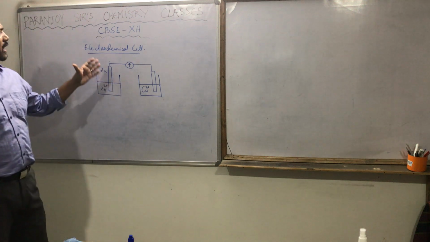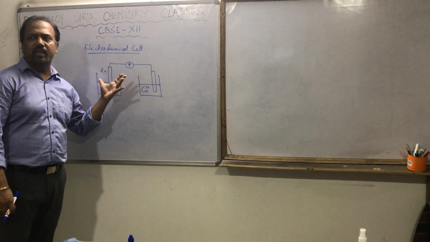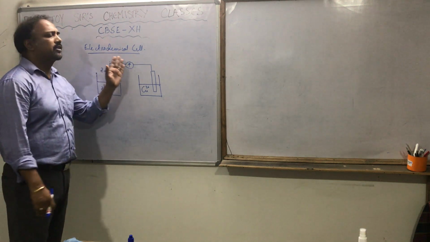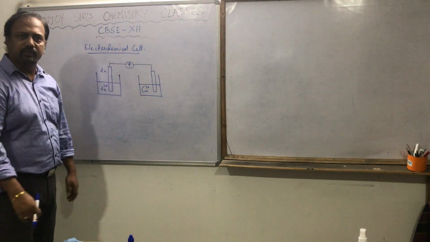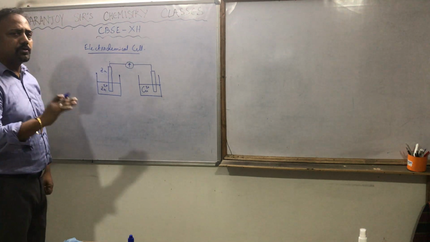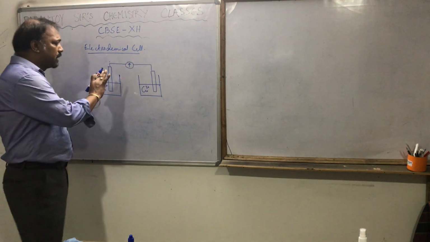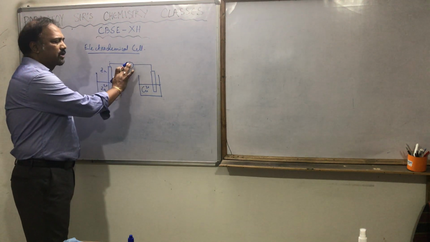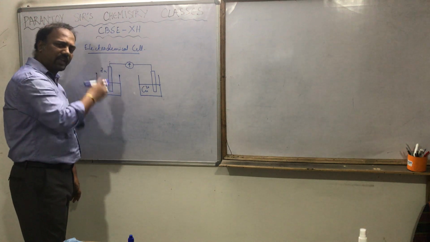If you see the diagram minutely, you will see that the circuit here is not completed. So you have to complete the circuit. Due to the incompletion of the circuit, electricity is not flowing, and hence the voltmeter is not deflecting.